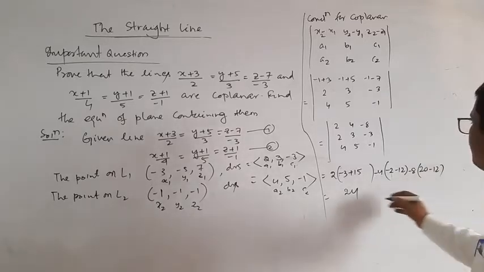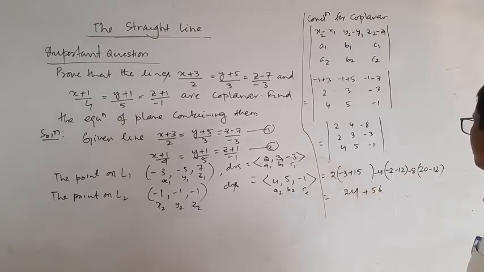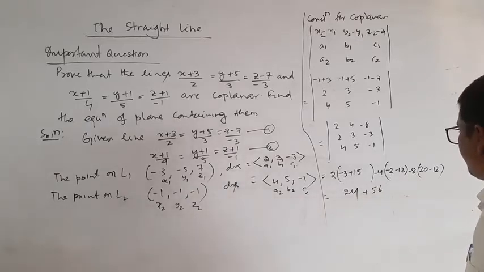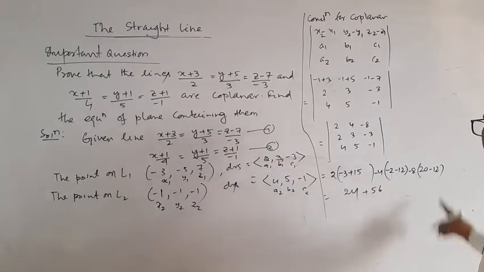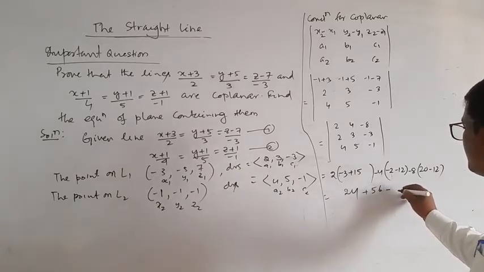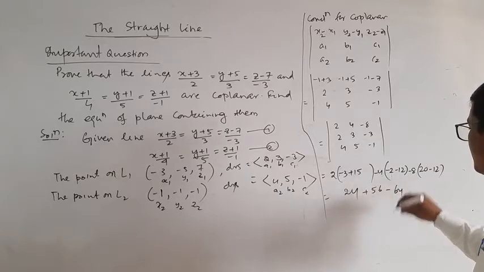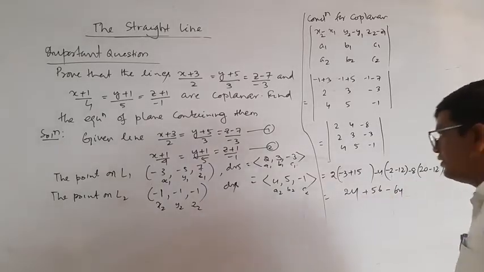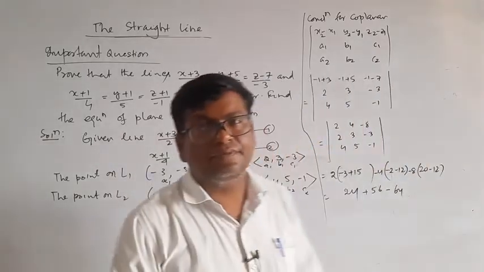So this is 56, and 8 into this is 64. Minus 64. So the answer should be 0.